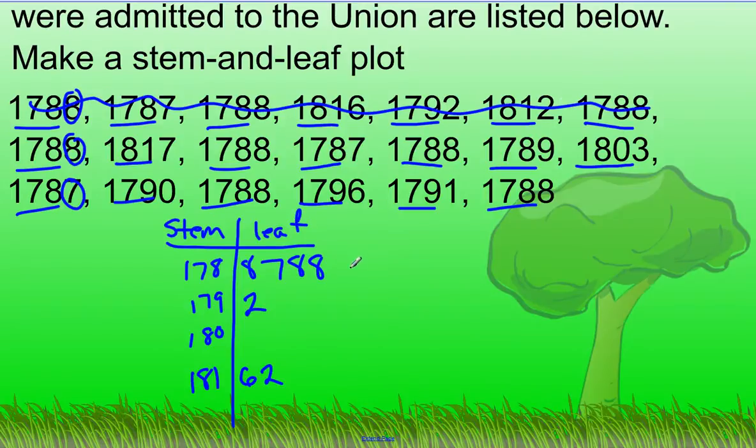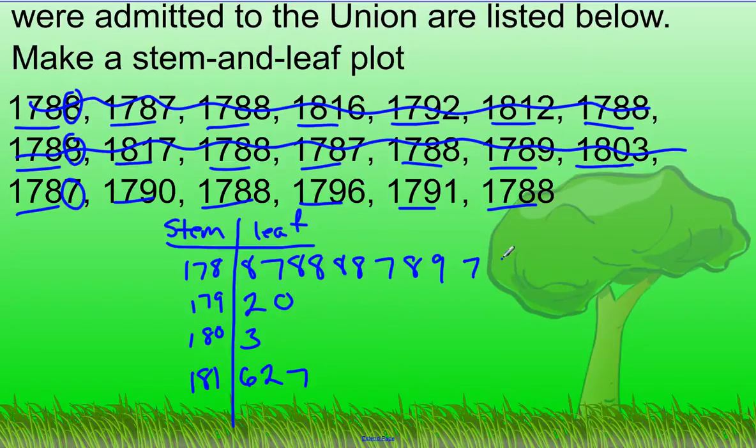Next row, 1788, 1817, 1788, 1787, 1788, 1789, 1803. That was the second row. And the last row, 1787, 1790, 1788, 1796, 1791, 1788.